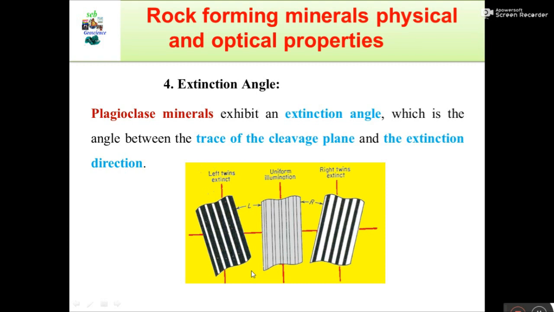In which direction? Depends on what? The y and the x axis, the cross wire in the microscope. So it's this one becomes what? This one parallel to this one is what? Inclined extinction. Have you seen? This one is inclined. This one is also black.